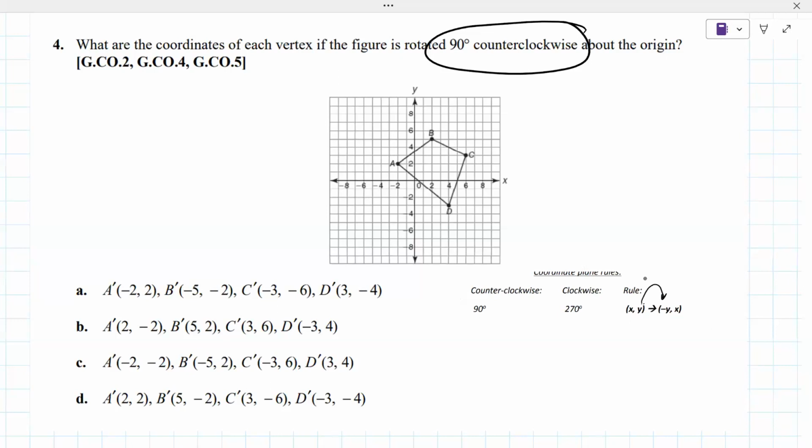Yeah. So I don't like doing that pair as much as I would choose one where the numbers are different. Like point B is 2, 5, and so that one's a little bit easier to get -5, 2. I'm not saying your answer is wrong or anything like that.